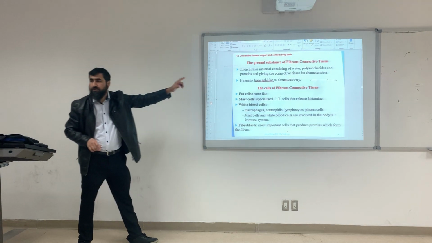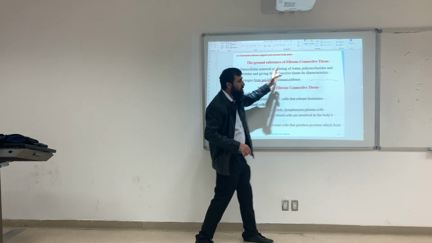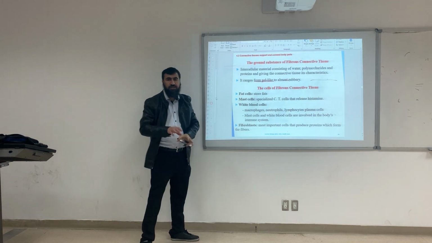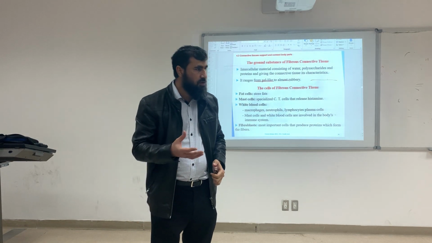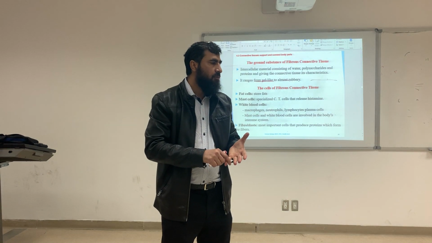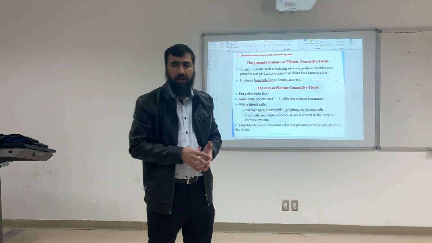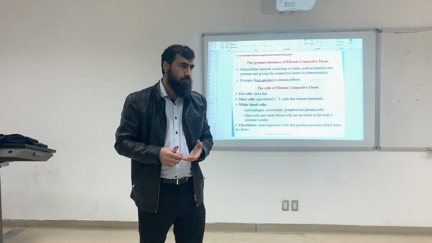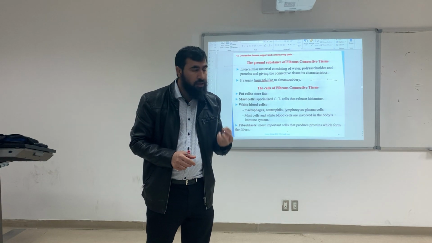Before we move on, the ground substance is made up of water, polysaccharides, and proteins. This is what gives the features of the connective tissue, whether it's fluid connective tissue, so in plasma it's liquid, or bone, where the matrix is very hard, solid.